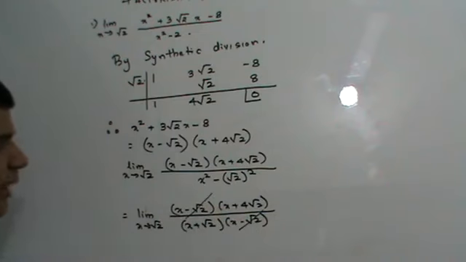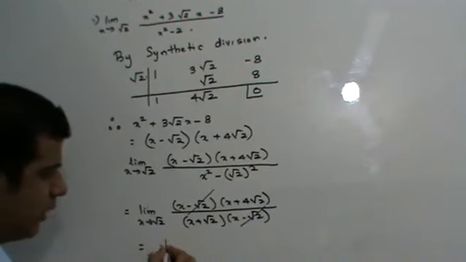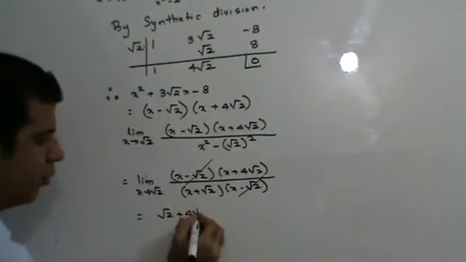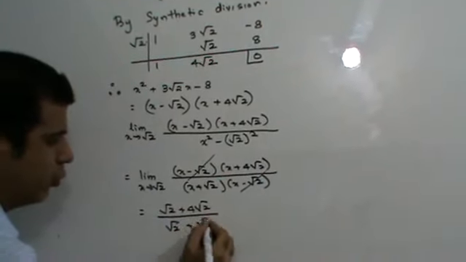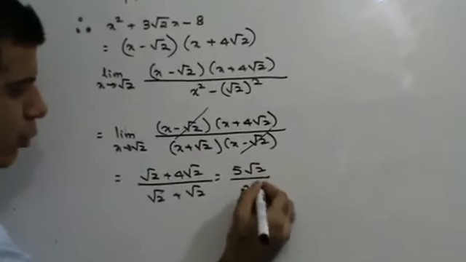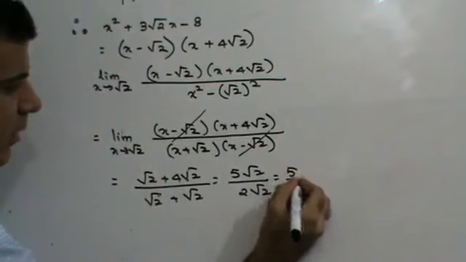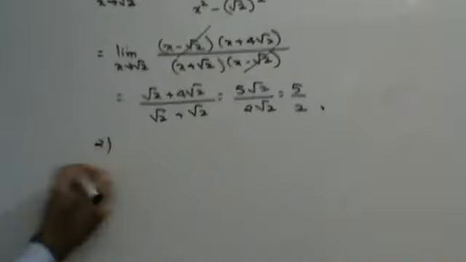Cancel, cancel. Once you cancel in the numerator and denominator, you can substitute. So this is going to be (root 2 plus 4 root 2) upon (root 2 plus root 2). This is 5 root 2 upon 2 root 2, which is nothing but 5 upon 2. Right?